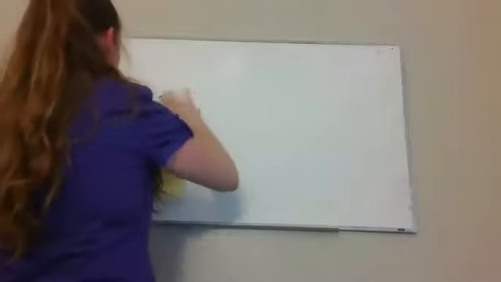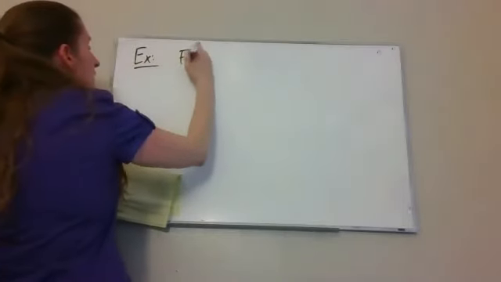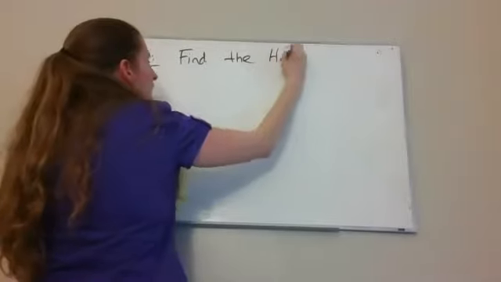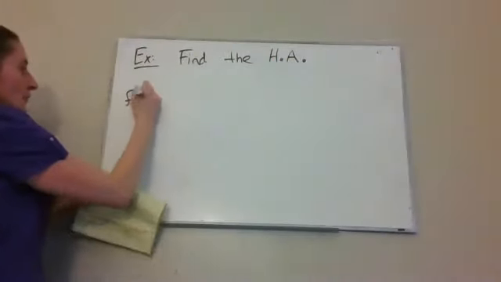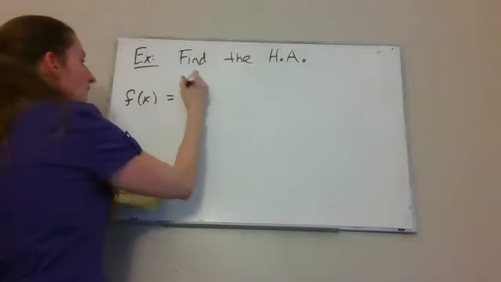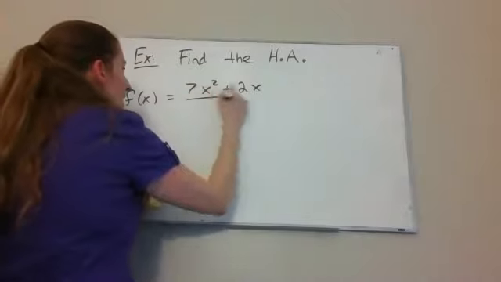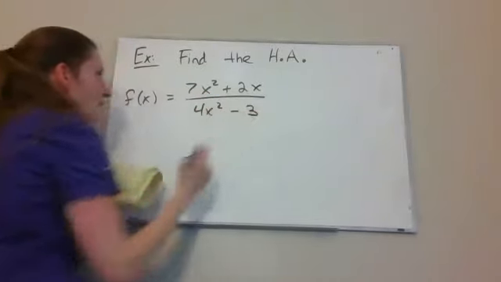All right. So, example. Find the horizontal asymptote. Our first one, we have f of x equals 7x squared plus 2x over 4x squared minus 3.